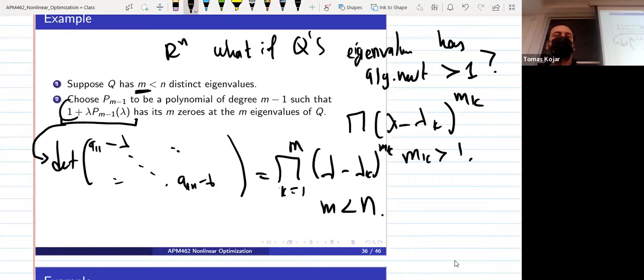Can someone tell me why it is 1, the top guy? Do you remember? So the constant term is the determinant of Q. Yeah, they said the determinant of Q to be 1.